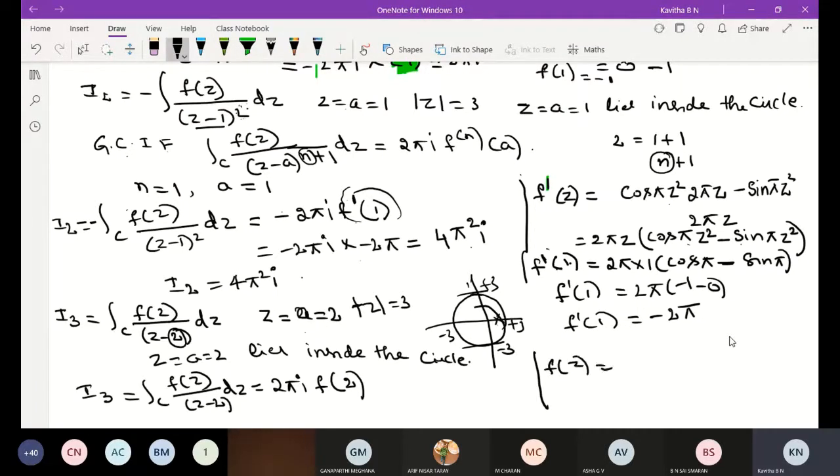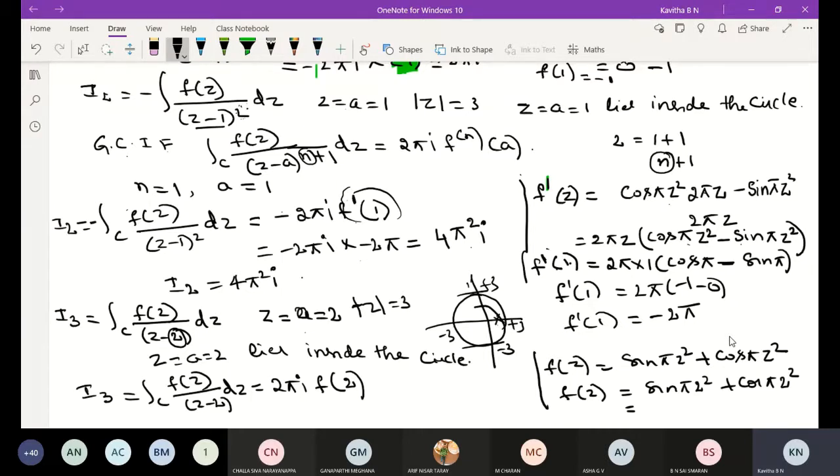Here we need to find f of 2. f of z is sin pi z square plus cos pi z square, so f of 2 is sin 2 pi plus cos 4 pi.